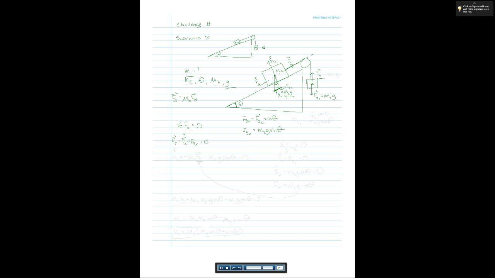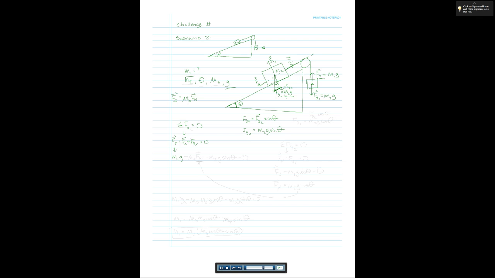Now, my tension force, we had already said, because block 1 is in equilibrium, that those two forces are equal but opposite. So here's what I'm going to do. Because tension is moving block 2 in the positive direction, I'm going to say that it is positive, and it's M1G.